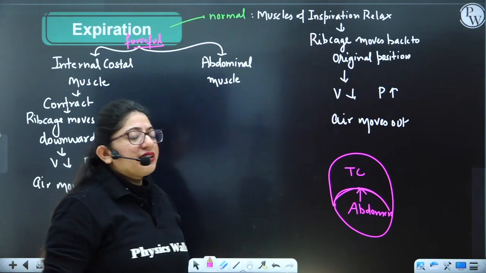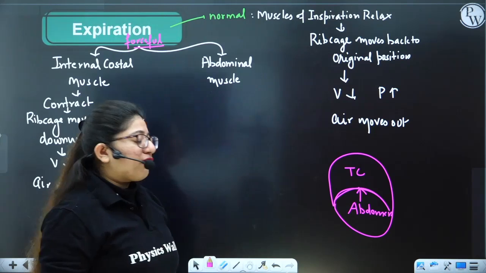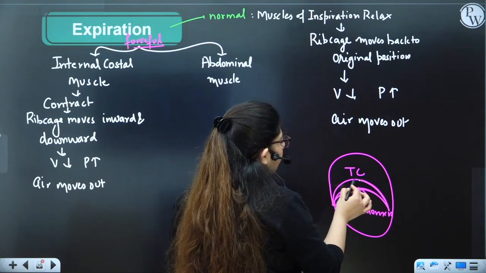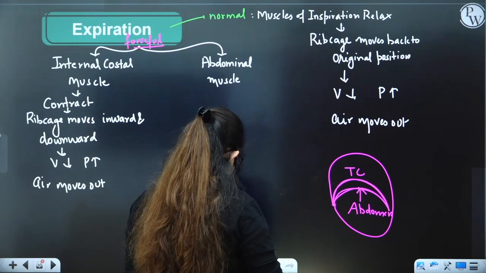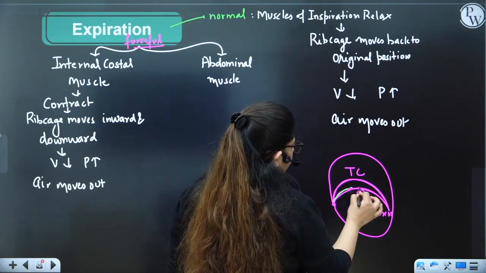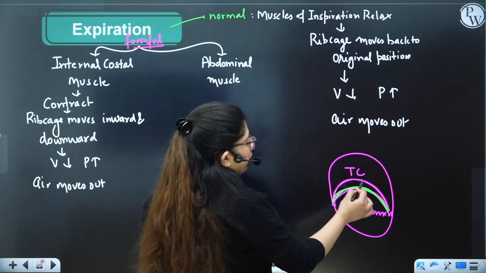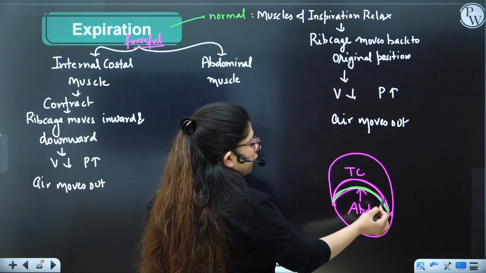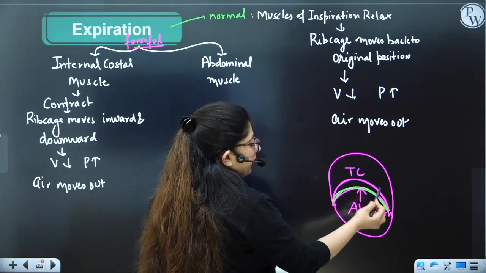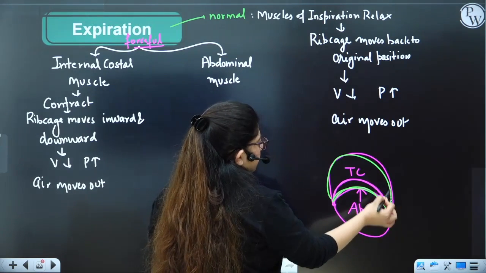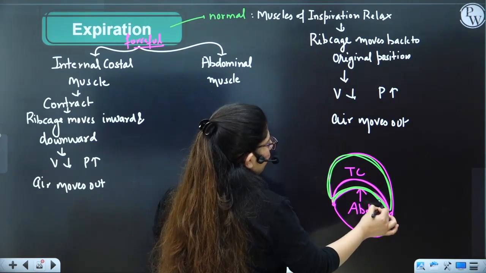As a result, this will put a lot of force on the diaphragm and the diaphragm becomes more arched. You can compare both of them. This was when it was present normally, right? And this is when you are contracting your abdominal muscle and the diaphragm becomes arched. If you compare these two thoracic cavities, which one has more volume?